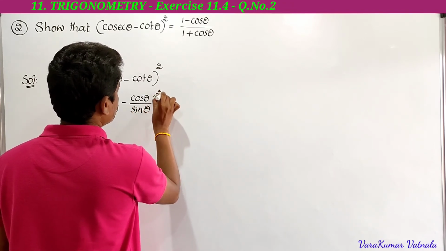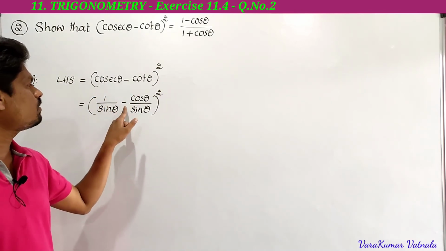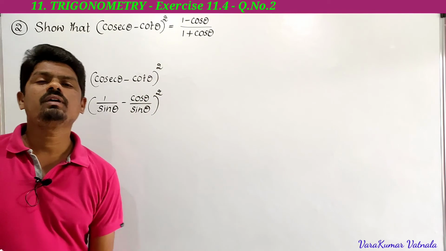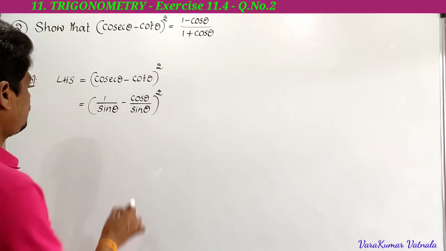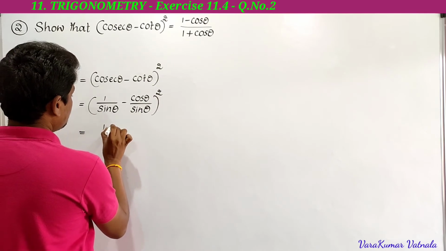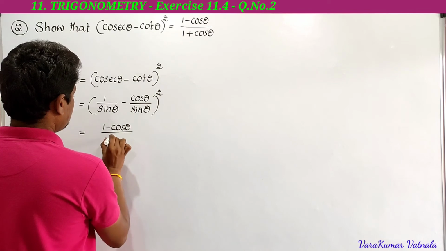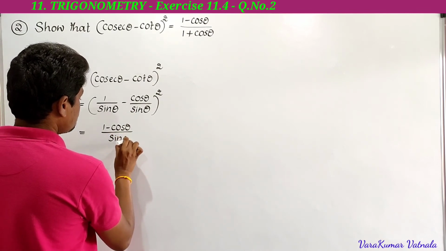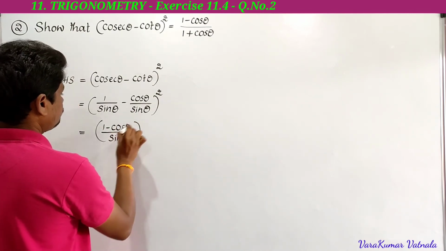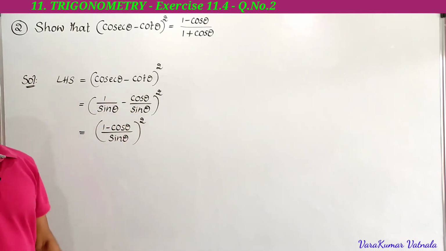Whole square. So see here what I did. Cosec theta is written as 1 by sin theta, minus cot theta written as cos theta by sin theta. Now the numerator becomes 1 minus cos theta, and the denominator is sin theta, whole square. Since the denominators are the same, we can subtract the numerators.